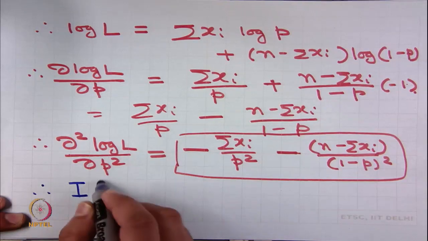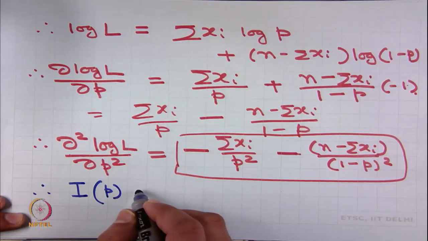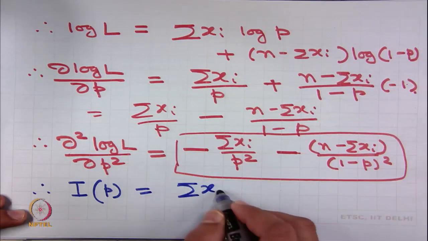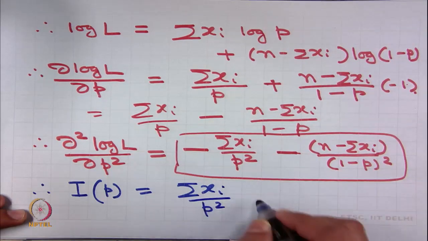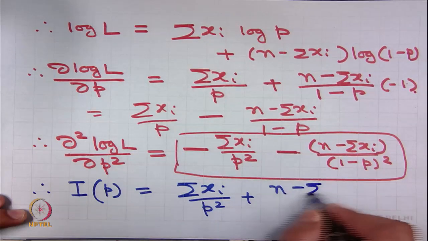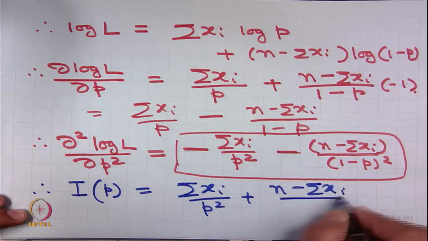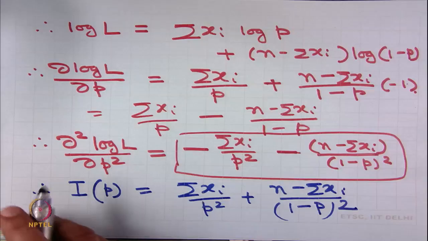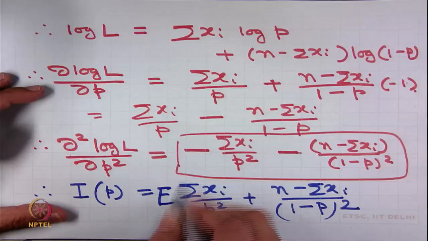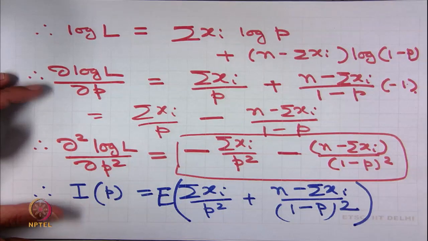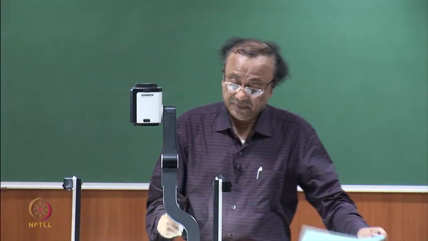Therefore, I p is equal to minus of that, which is equal to sigma x i upon p square plus n minus sigma x i upon 1 minus p whole square, and we take expected value of that one.